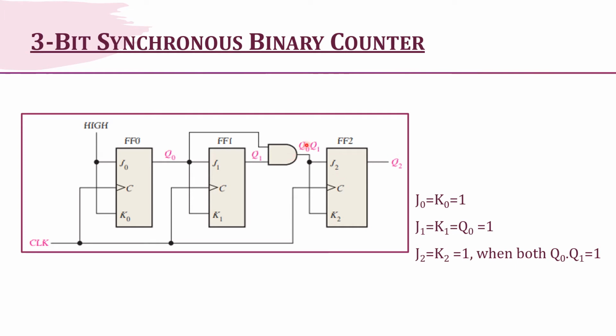When Q0 into Q1 is equal to 1, J2 and K2 get the value 1. That means FF2 will be in the toggle mode, so Q2 can change its state. By means of this AND gate, we can check whether the condition Q0 into Q1 is equal to 1 or not.